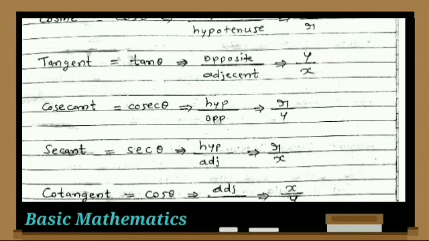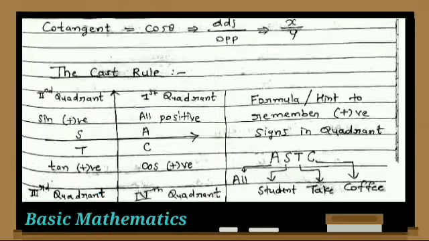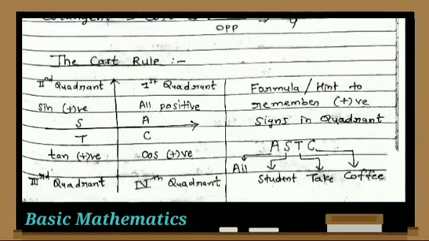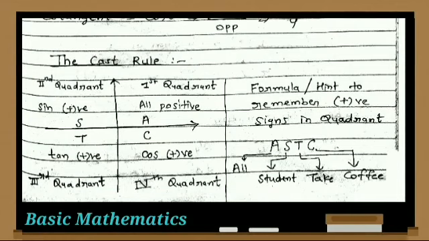Now we can move to the next topic, which is the CAST rule. What is the CAST rule? To understand it, we have a diagram here, and in this diagram there are two axes, one is x and one is y. There are four quadrants: first quadrant, second quadrant, third quadrant, fourth quadrant, and each quadrant has its own properties.